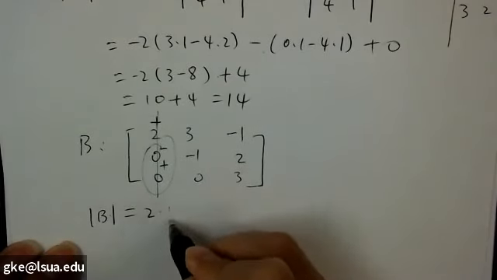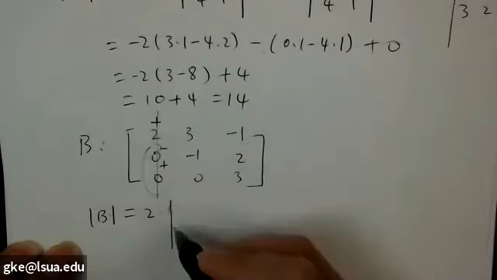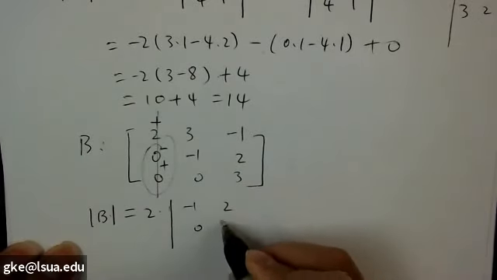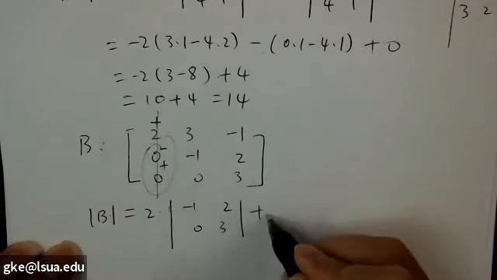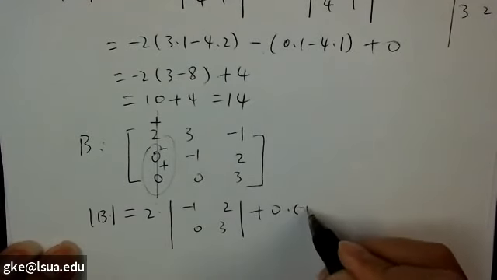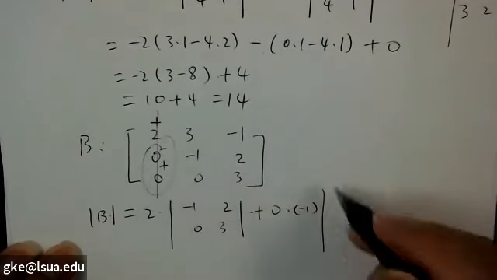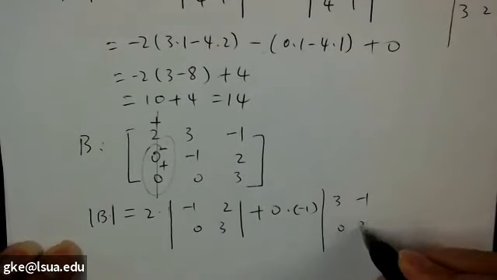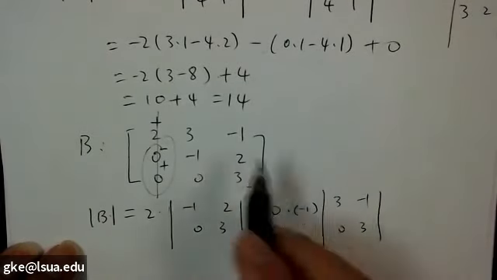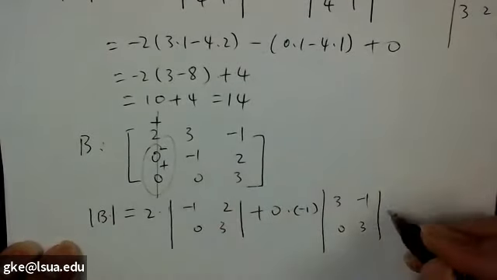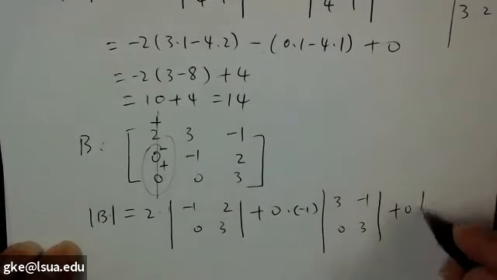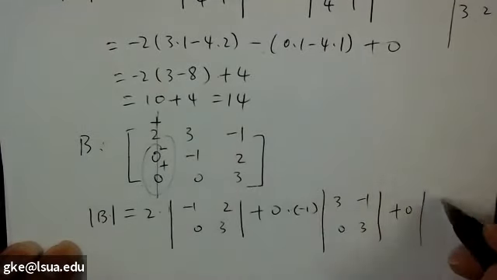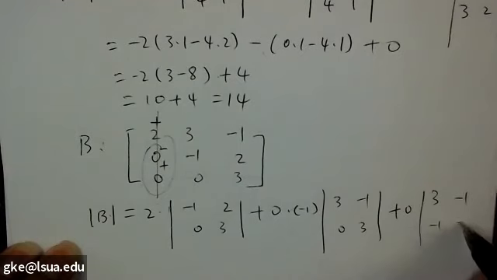Positive 2 times 1, right? And 0 times negative 1. Cross out, 3, negative 1, 0, 3. And here's a 0, 2 again. It's a positive, so we don't care. We're going to get 3, negative 1, negative 1, 2.